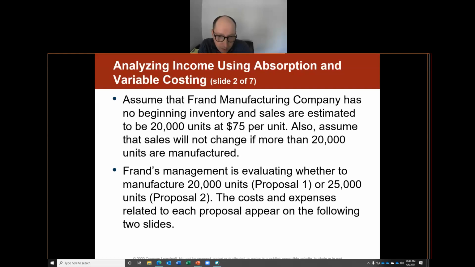And there's a proposal: instead of just making the 20,000 units, what happens if we make 25,000 units? What's going to be the difference on the cost?